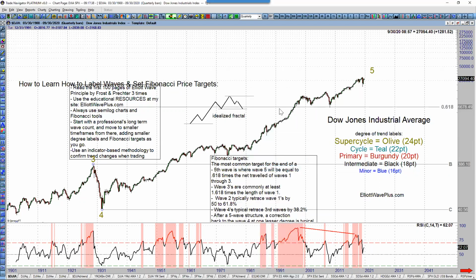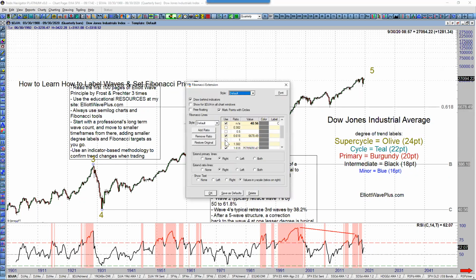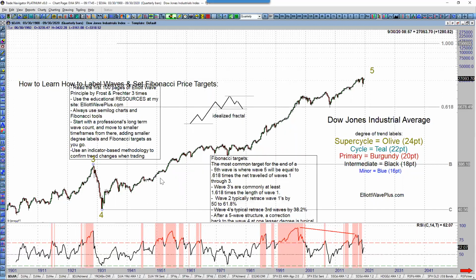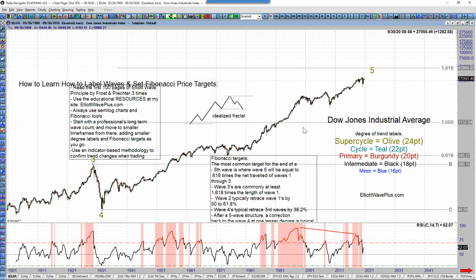You can see when I flip it to Semilog, it changes those targets. So we can play around with a starting point. What if the Dow did start at $5 per share 200 years ago? And let's say that wave 3 was at the 1929 high and wave 4 at the 1932 low.